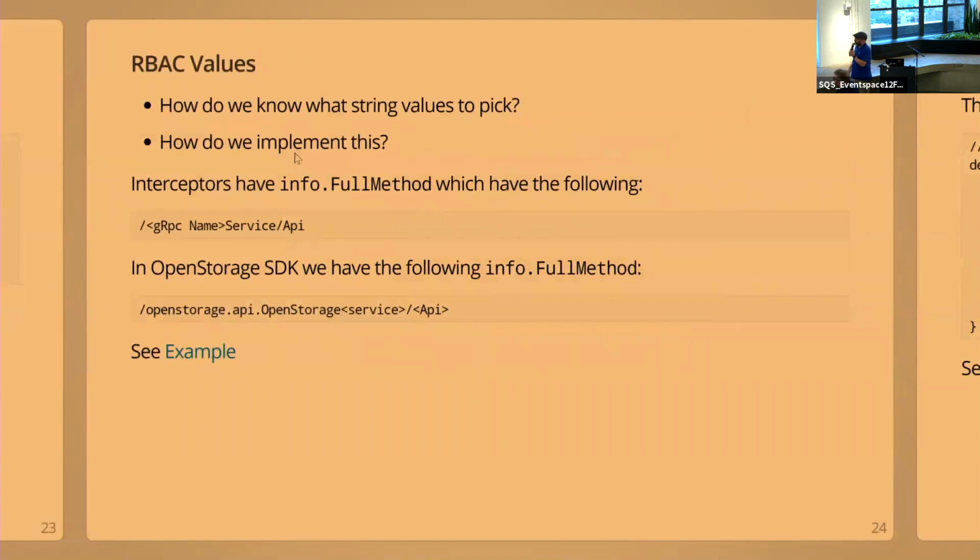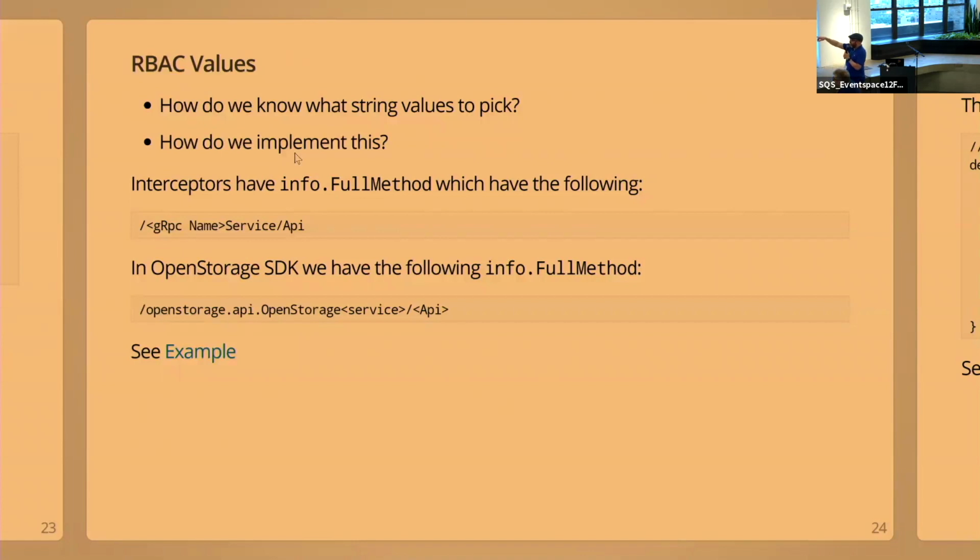So the way we do this is, if you remember, an interceptor has access to what's called info.FullMethod. Info.FullMethod is a variable that's handed into every interceptor that has the slash, the gRPC service name, slash, and the API or method.